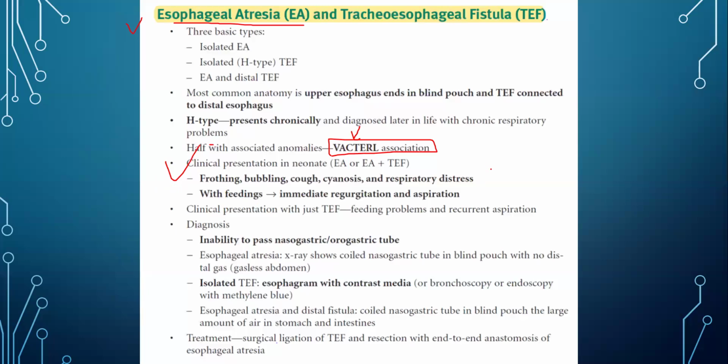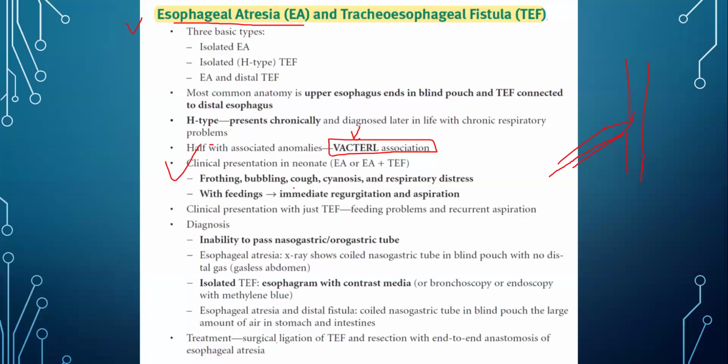If there is a fistula, that means the esophagus gets connected with the trachea, so sometimes food can go from the esophagus into the trachea and cause aspiration pneumonia.